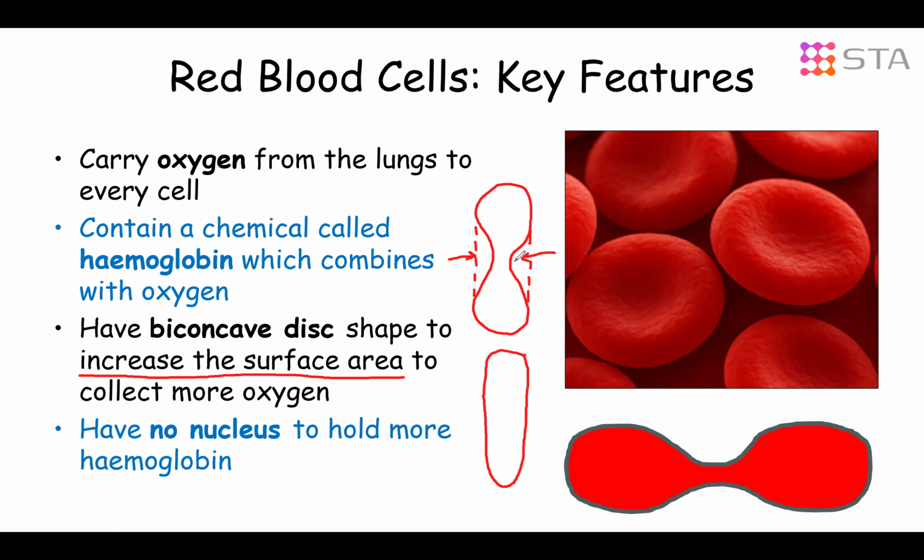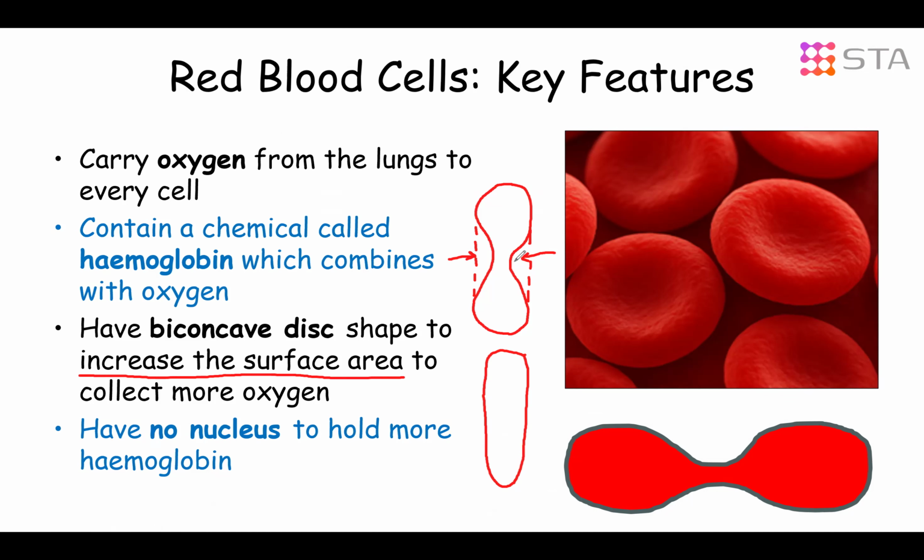Why do some organisms have organs or structures, like the lungs, for instance, that have a high surface area? Okay, but for now, we need to know that red blood cells have a biconcave disc shape in order to increase the surface area to collect more oxygen through that surface.